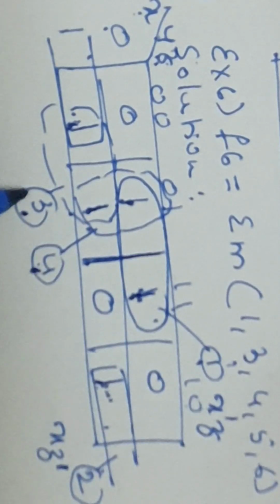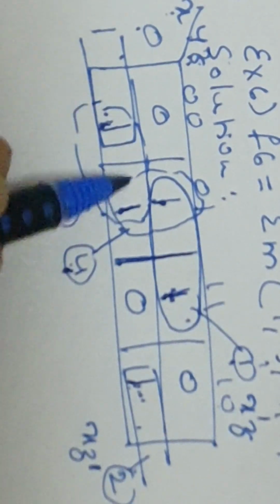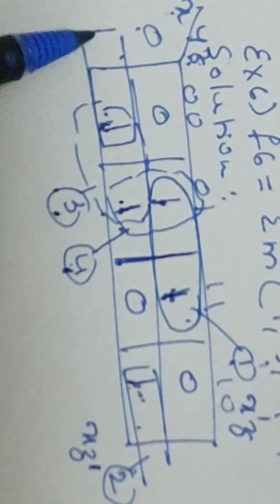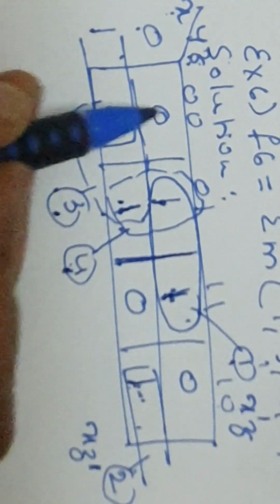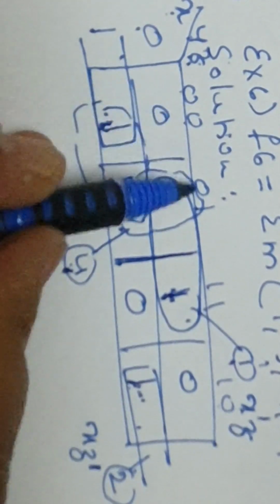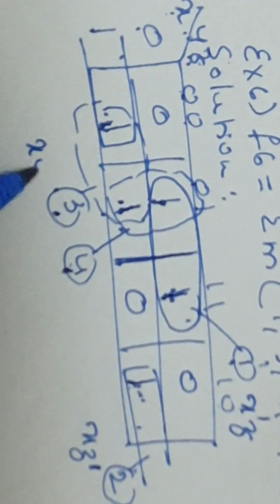With respect to group 3, so this one, these two ones fall in this row, so x is common. These two ones are in these two columns, 0 0, 0 1, 0 0. 0 is common with respect to y, so y dash, x y dash.